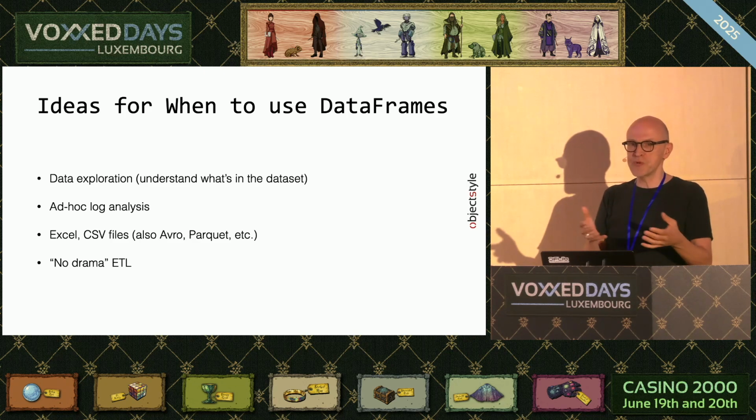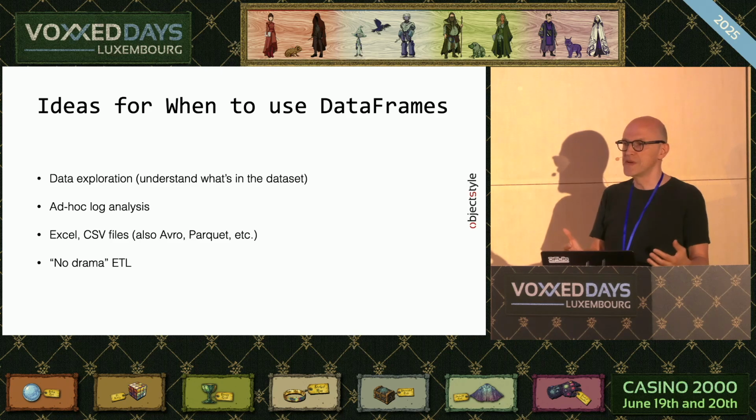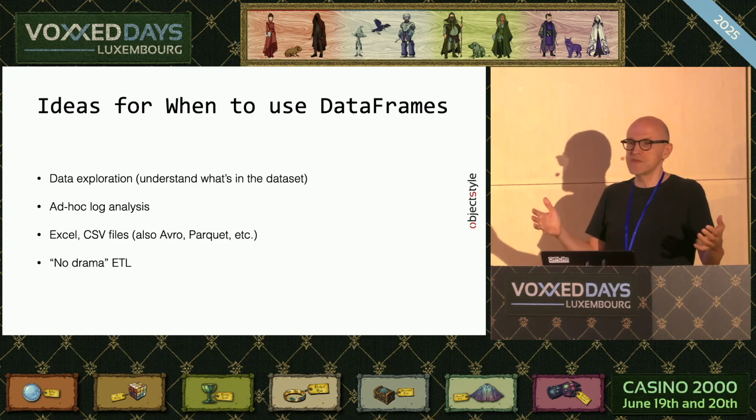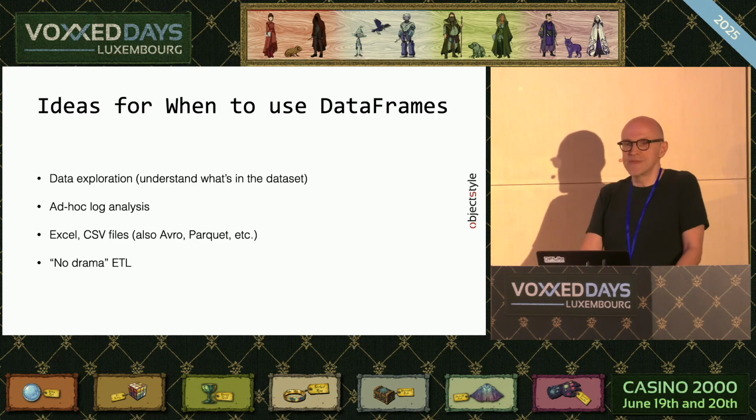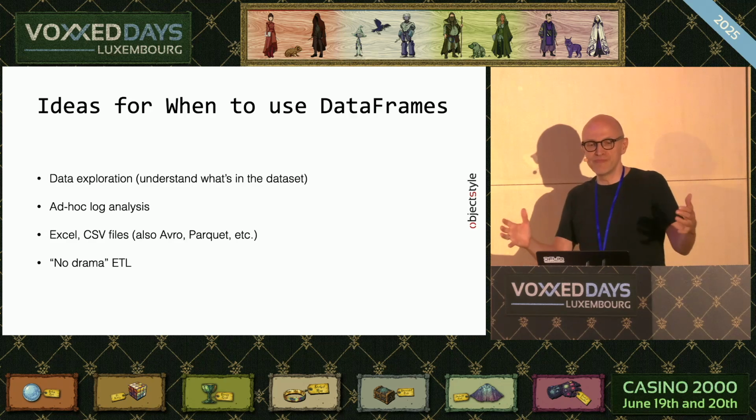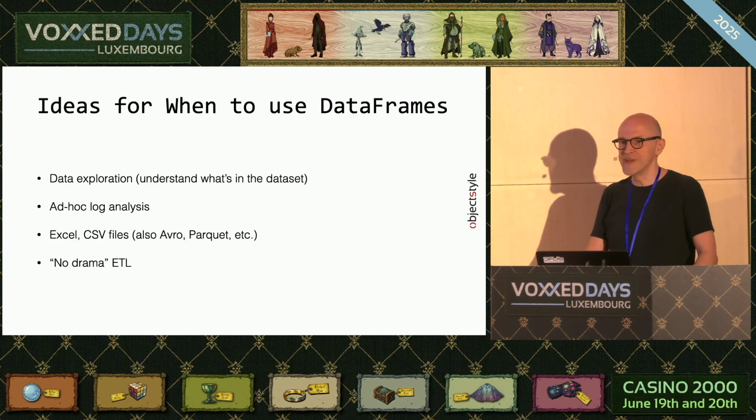So I can do all this ad hoc playing with pretty big chunks of data. Right now this machine has 48 gigs of RAM, but you can get 128 or whatever. So you can store a lot of logs in memory.